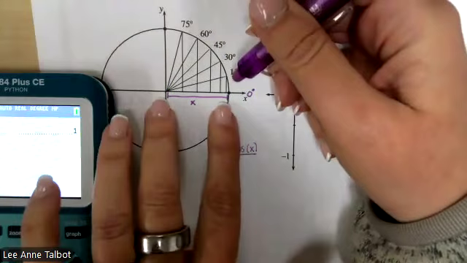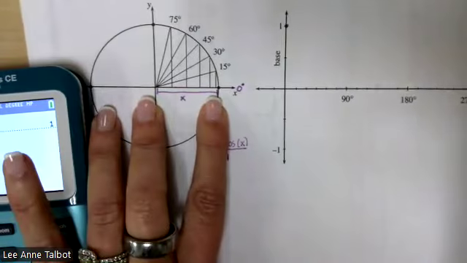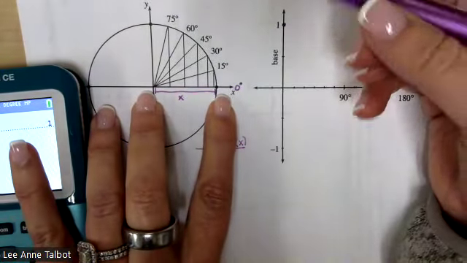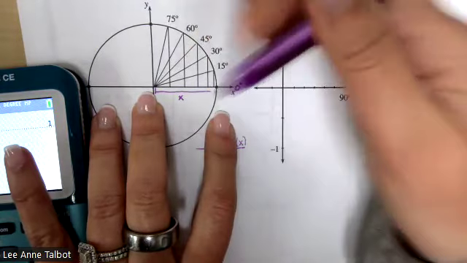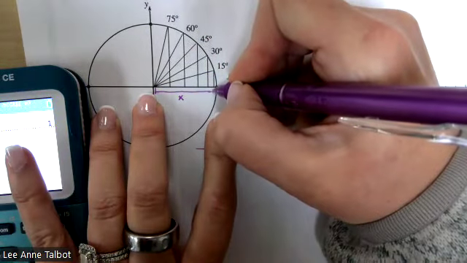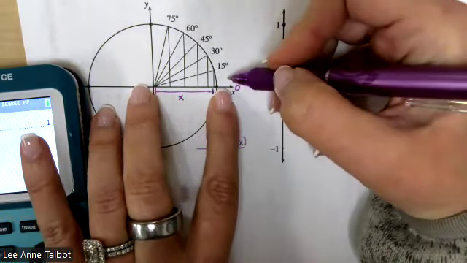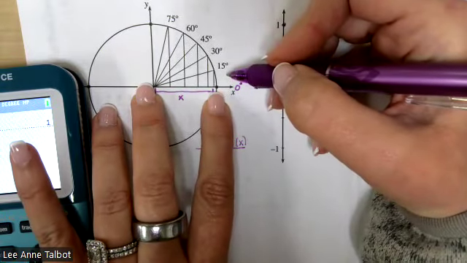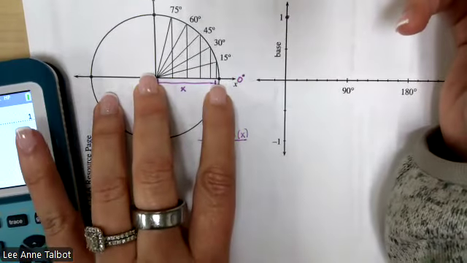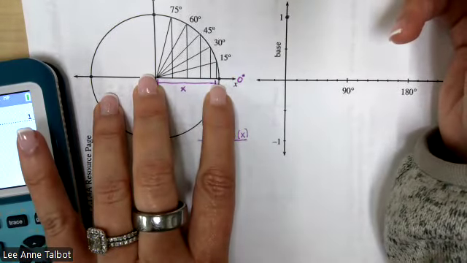Okay, so here's my next question. If this is 1, what is this? Really close to 1, right? Almost 1.